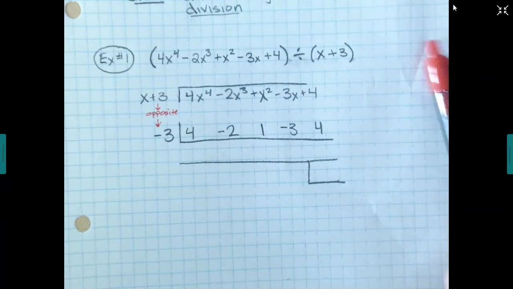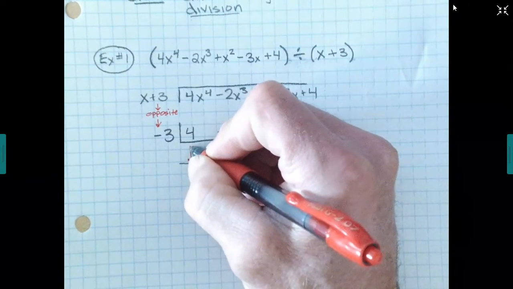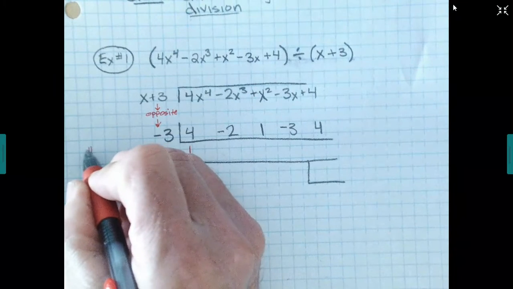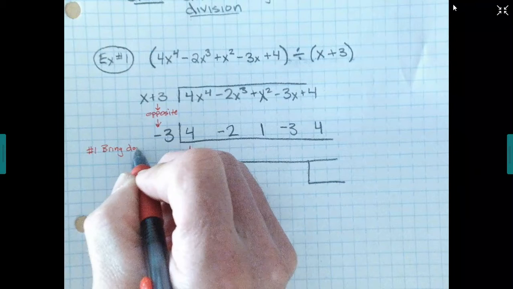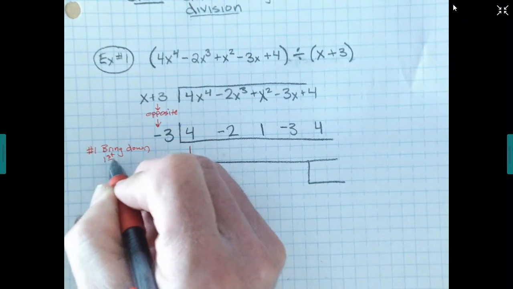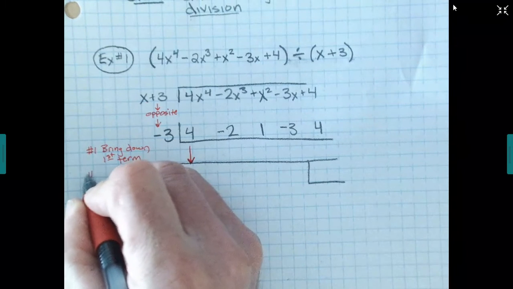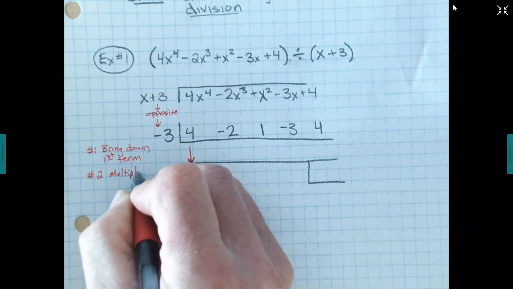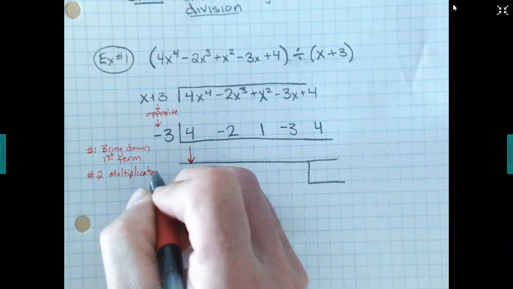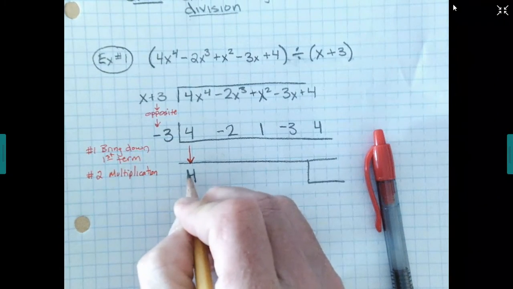All right. Step number 1, bring down your first term. Okay. Step number 2 is multiplication. So step number 1, bring down the first term. I bring down the 4.